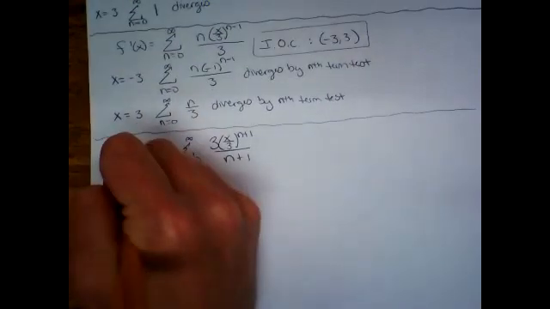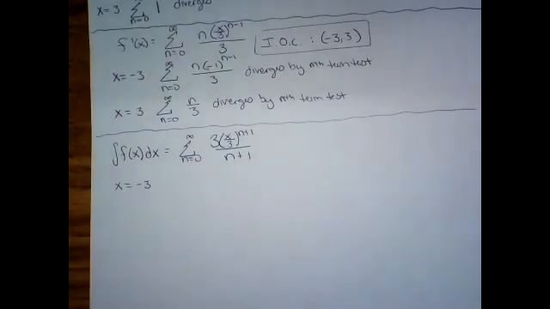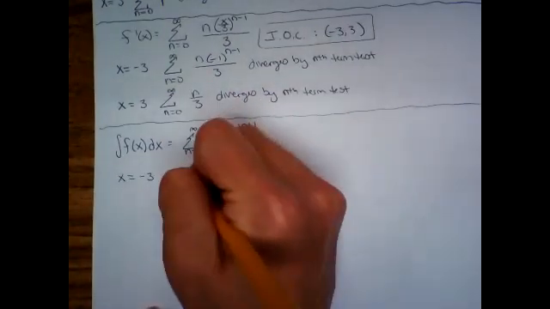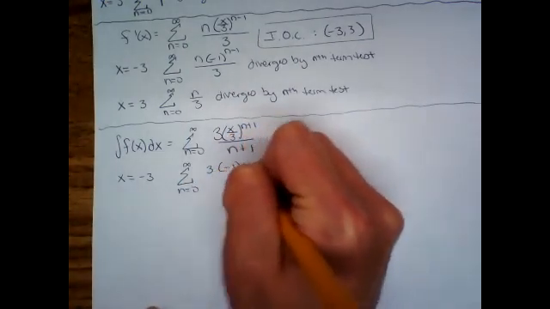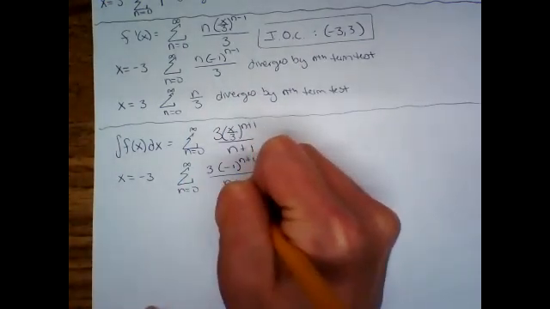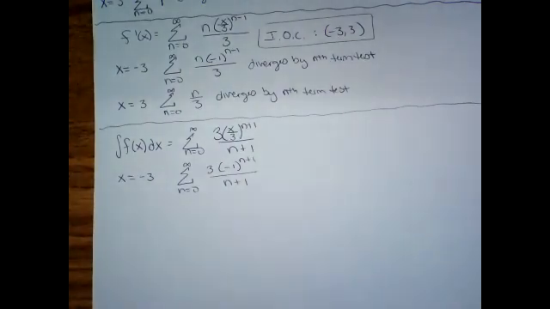And again, we're just going to check the endpoints. So if x is -3, that'll give us 3 times (-1) to the n plus 1 over n plus 1.